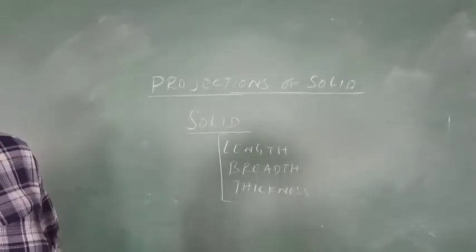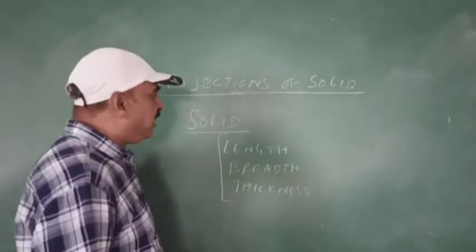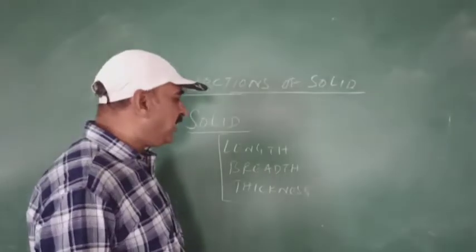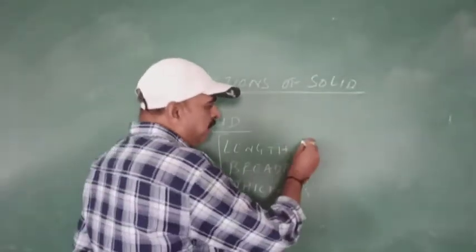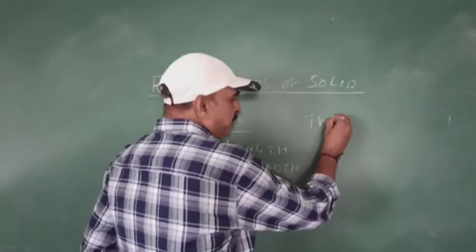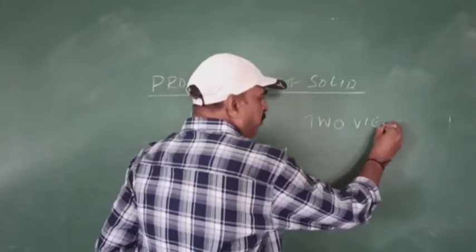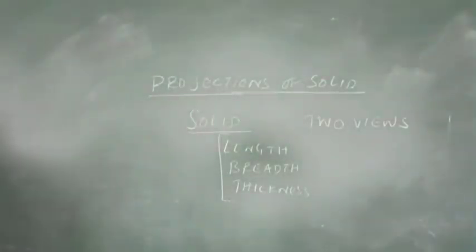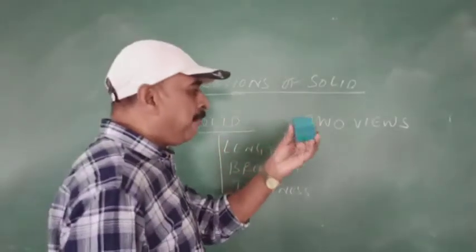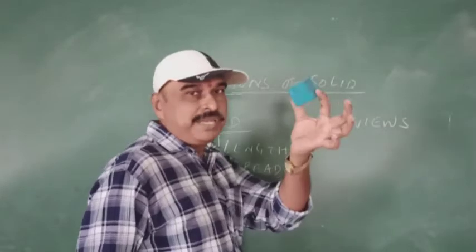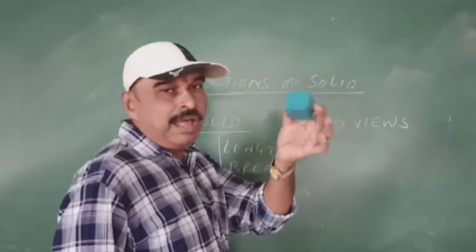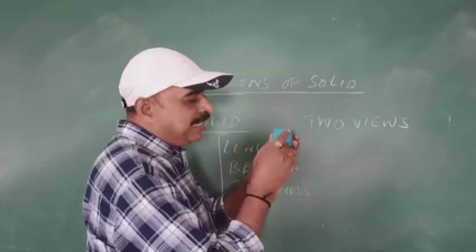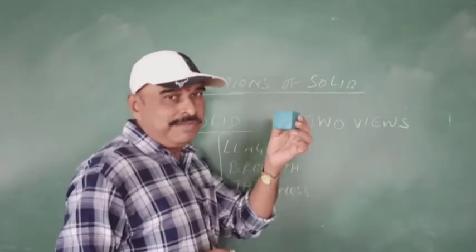In engineering drawing, to represent any solid, minimum we require two views. For example, if you take one block, it is a three-dimensional object with length, height, and width.